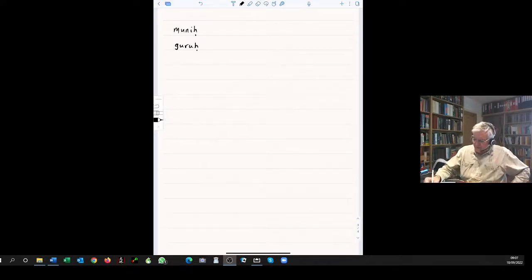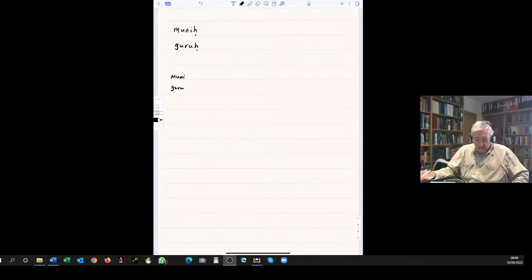So the stem forms are just muni and guru. Nominative singular, munih, and that shadow vowel reflects the vowel before the visarga. So in pause, in isolation, end of a sentence, it would tend to be pronounced munihi, and guruhu.